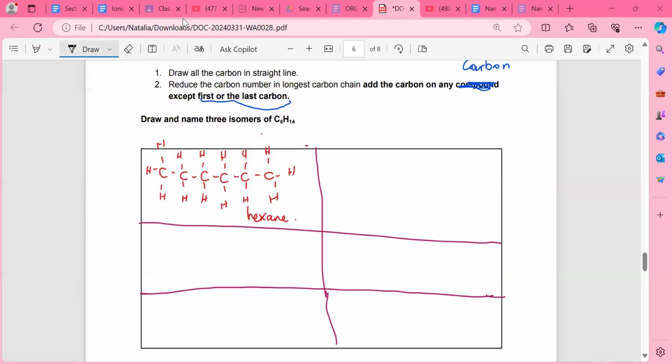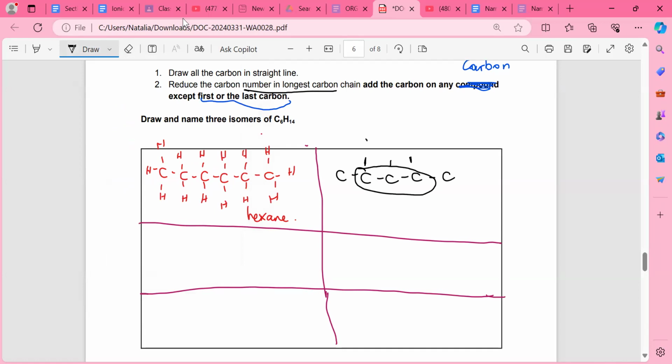Then, I can reduce the number of carbons in the longest chain. So let's say I reduce it to 5. Where can I put my additional carbon? On any carbon except the ones on the end, except the first or the last.